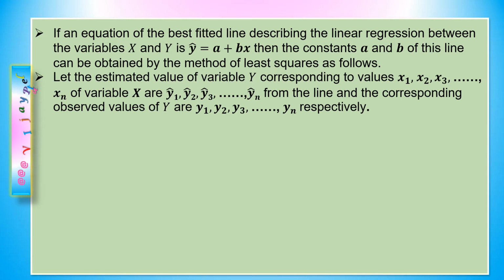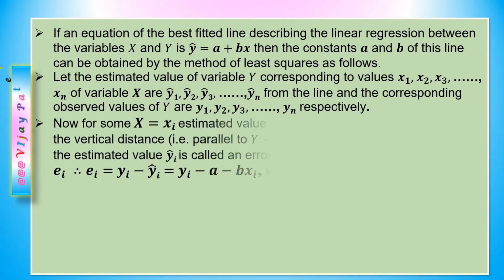Let the estimated values of variable y corresponding to values x1, x2, x3 up to xn of variable x be y1 cap, y2 cap, y3 cap up to yn cap from the line, and the corresponding observed values of y be y1, y2, y3 up to yn respectively.